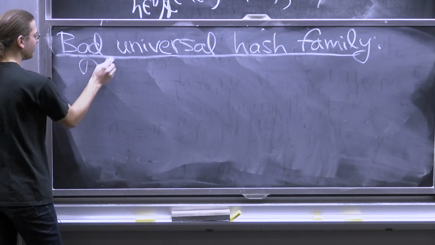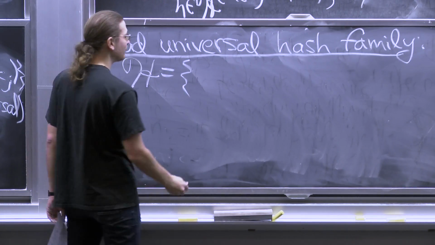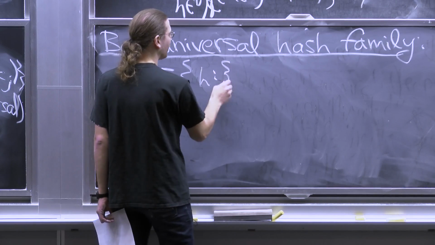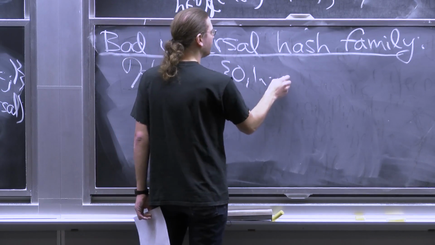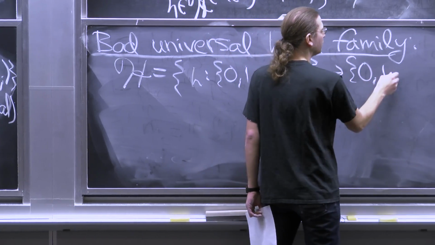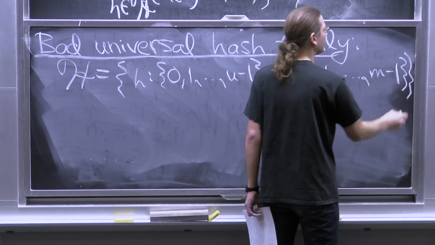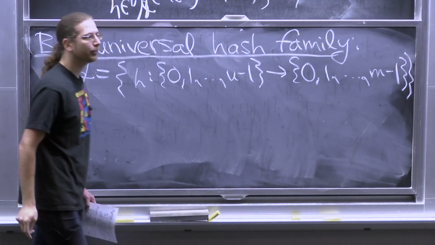Here's a hash family that's universal. H is the set of all hash functions from 0, 1 to u minus 1. This is what's normally called uniform hashing.